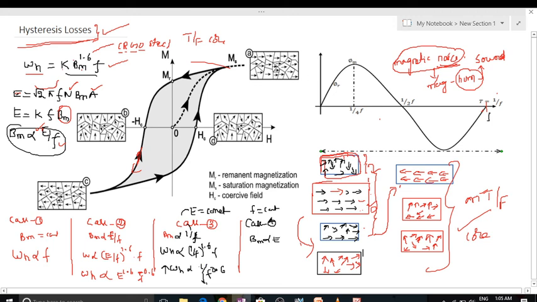If I substitute B max equal to E in the hysteresis equation, hysteresis loss is directly proportional to E to the power 1.6 only, because frequency is constant. B max is nothing but E, so hysteresis losses are directly proportional to E to the power 1.6.